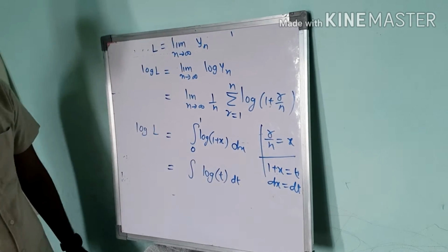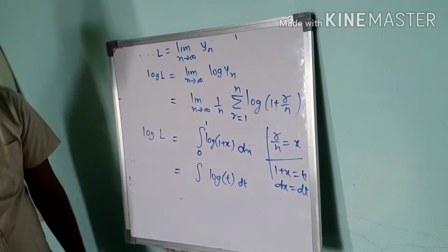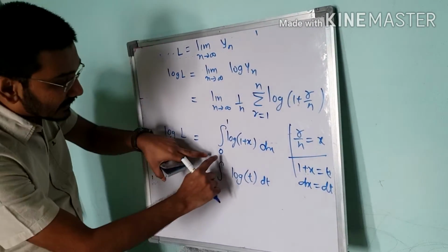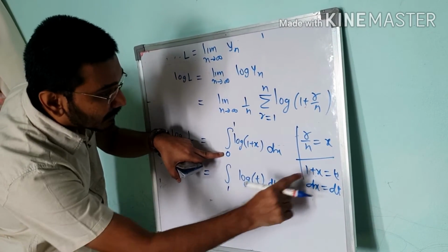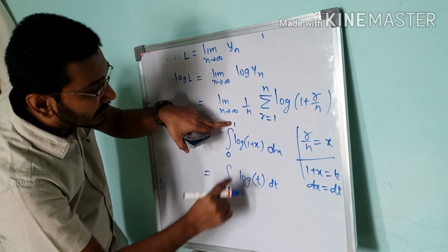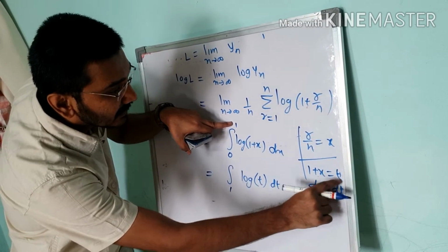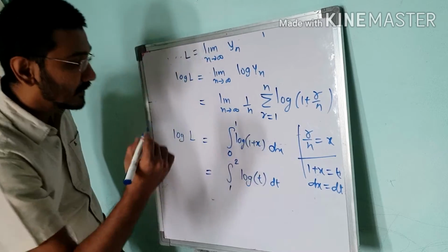But remember here that the limit will again change. When earlier x was 0, t will become 1 plus 0, that is 1. But when x was at upper limit 1, so 1 plus 1, t will have upper limit 2.